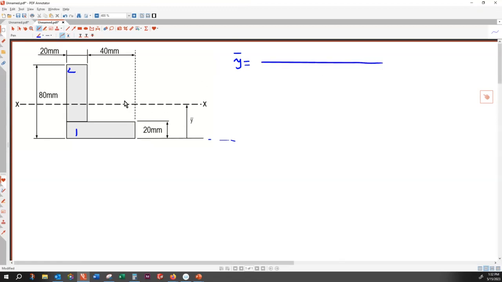This is equal to, for the first shape, what is the y bar? That is half of this height, that is 10, multiplied by the area. The area is 20 multiplied by 60.